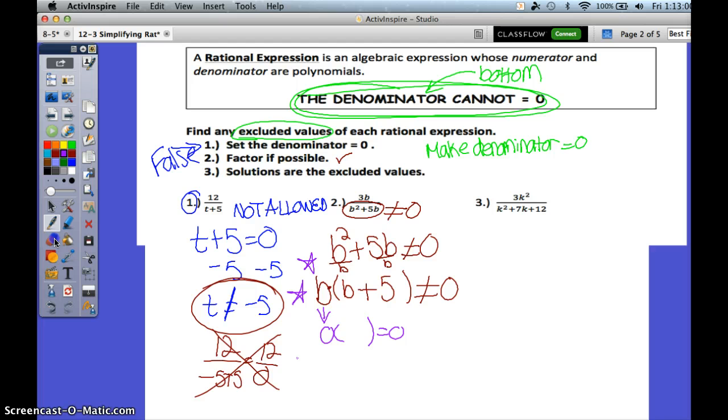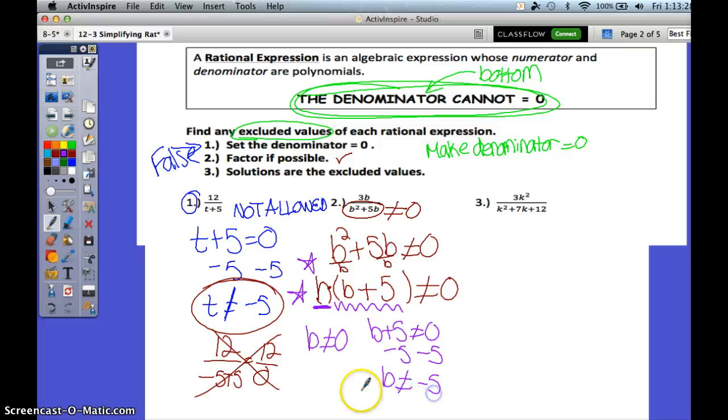So the b all by itself is not allowed to equal 0. So you can simply take your first factor right here. This is factor 1. This is factor 2. So factor 1, b, is not allowed to equal 0. Factor 2, b plus 5, is not allowed to equal 0. So when you subtract 5, you get b is not allowed to equal negative 5.